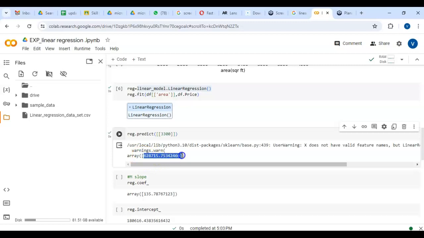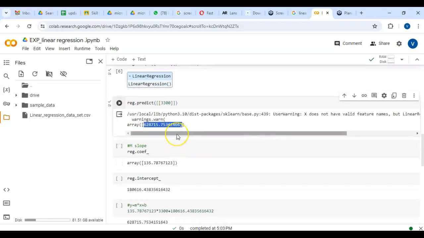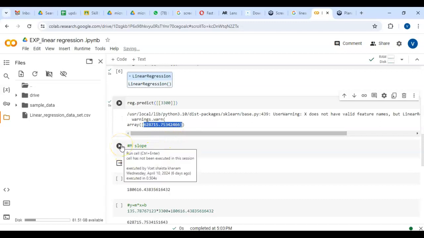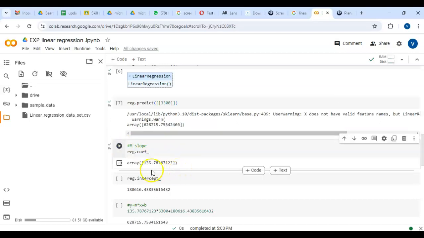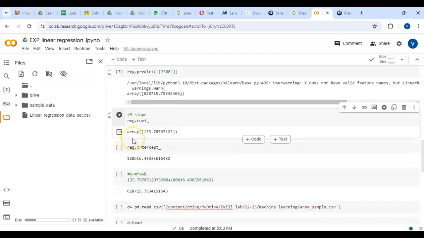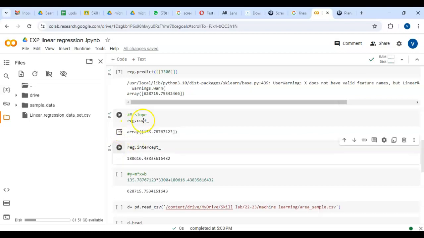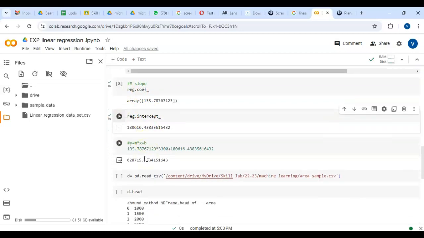So this is my predicted value for 3300. Now I want to verify it. First I want to find the reg coefficient, which is the slope. The fitted line has some value of slope and y-intercept. This is the slope m, and this is the y-intercept.